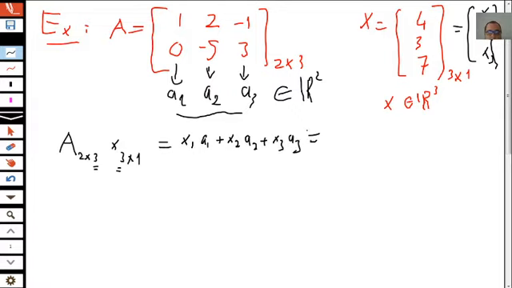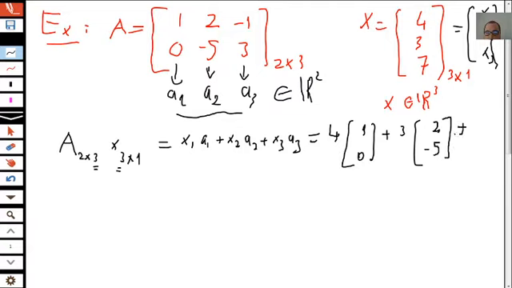So we have from here 4 times a1, namely (1, 0), plus 3 times (2, -5), plus 7 times (-1, 3).